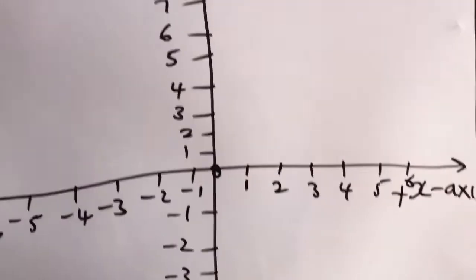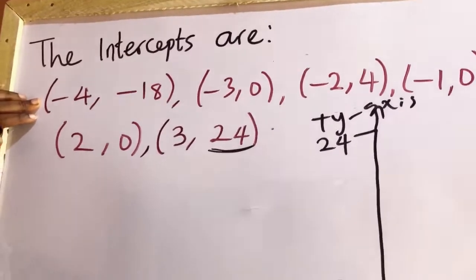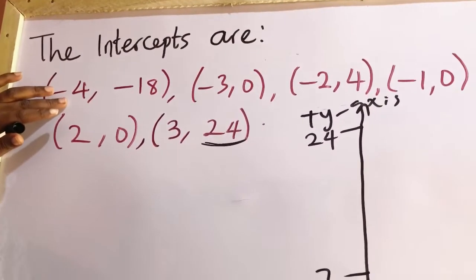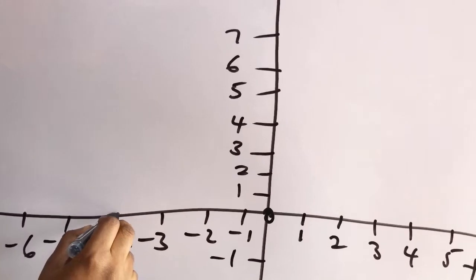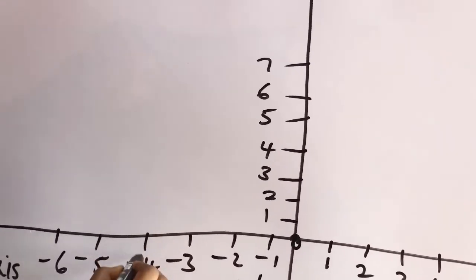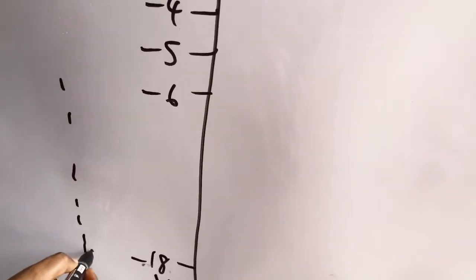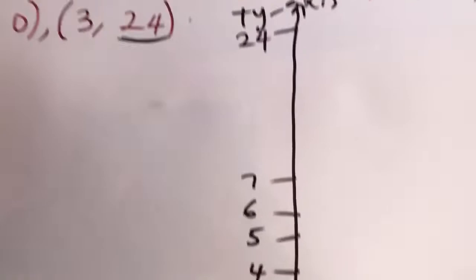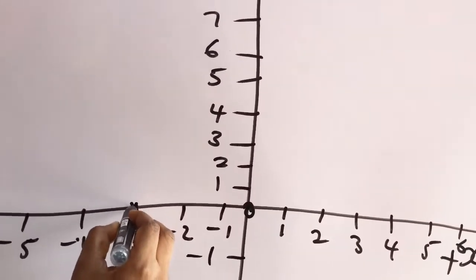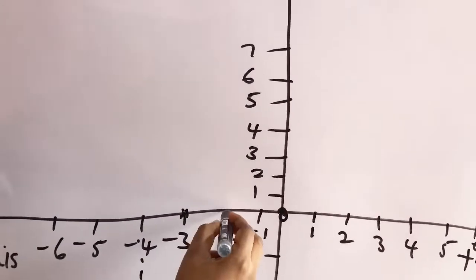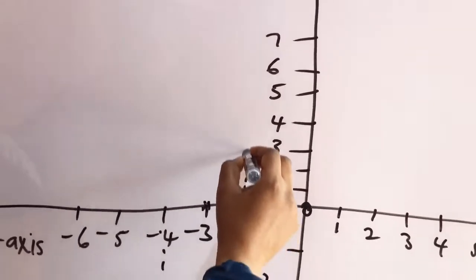So the first intercept will be when x is equal to minus 4, y is minus 18. So trace it. When x is equal to minus 3, y is 0, it will be here. When x is equal to minus 2, y is positive 4.